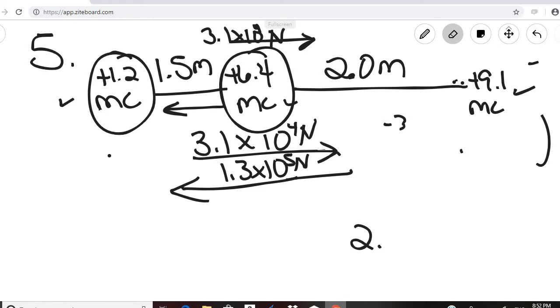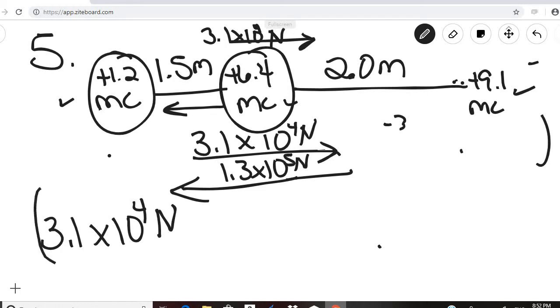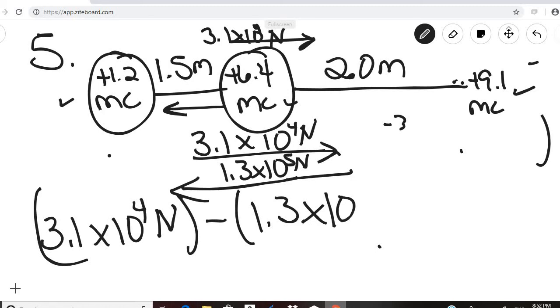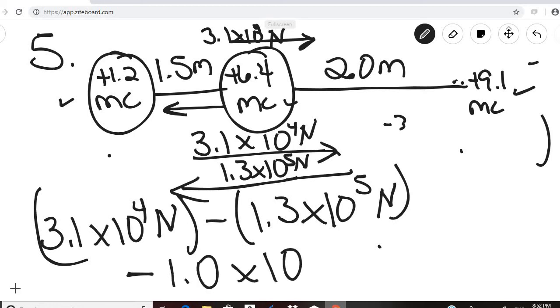Okay, so to the right is positive and to the left is negative, so we would take 3.1 times 10 to the 4th newtons minus 1.3 times 10 to the 5th newtons, and what we end up with is a negative, I think you end up with a negative 1.0 times 10 to the 5th newtons.